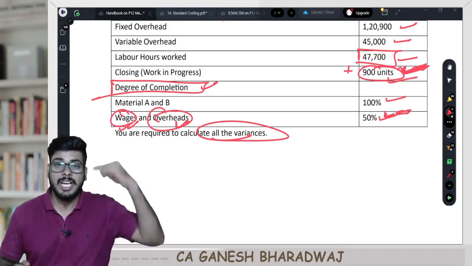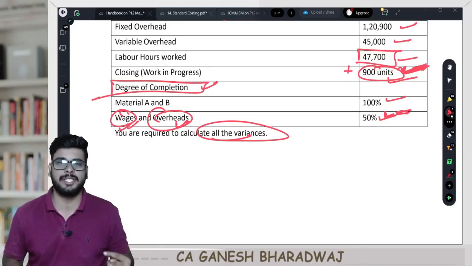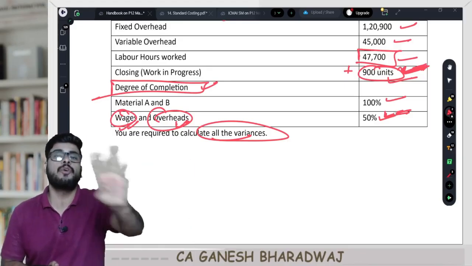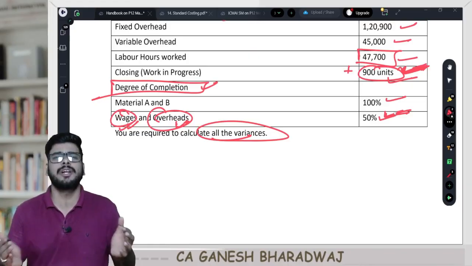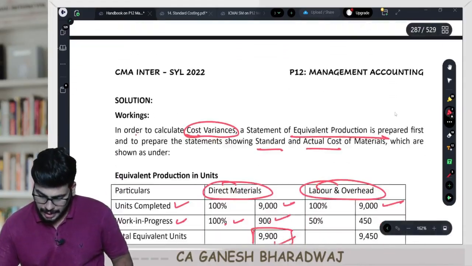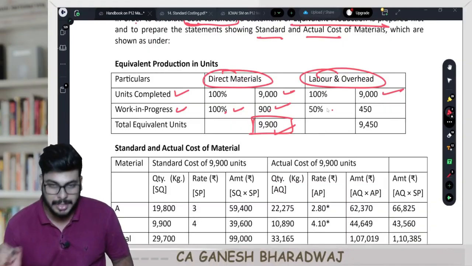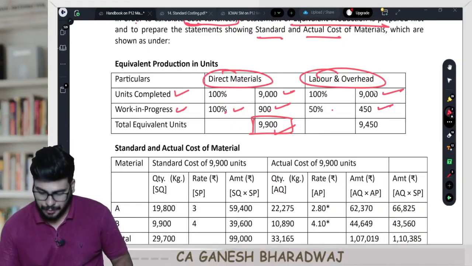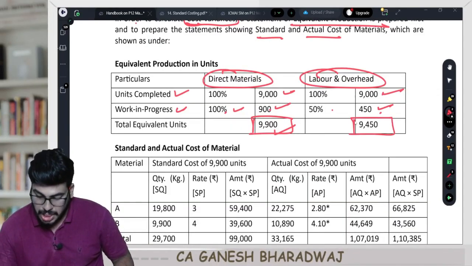Or in other words, 900 units, 50% complete is equivalent to 450 units. That is half of it. 450 units fully complete. Correct, guys? Yes. So 50% of 900, we'll say 450. So 9,000 plus 450, 9,450.